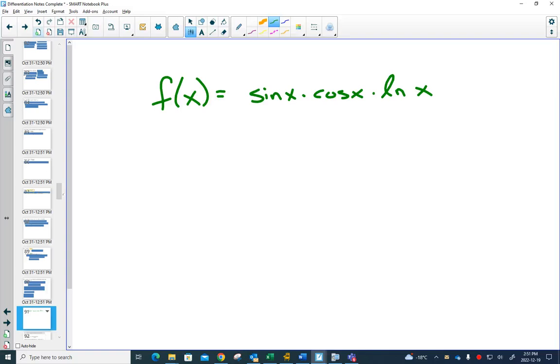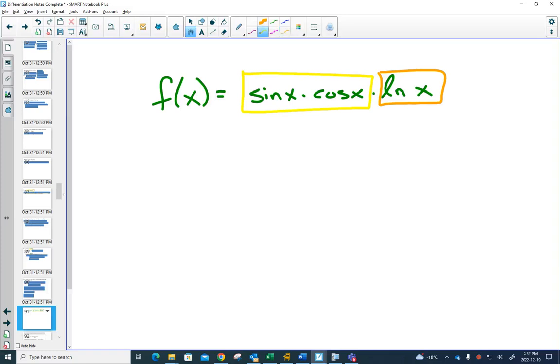Well, your product rule works if you're multiplying two things. So let's say we decided to use this as one and this as the second one. Within the first one, you have a product as well.